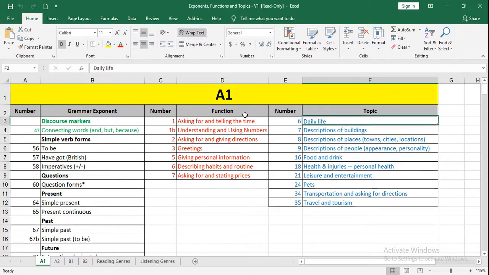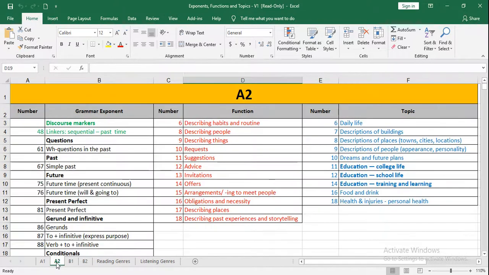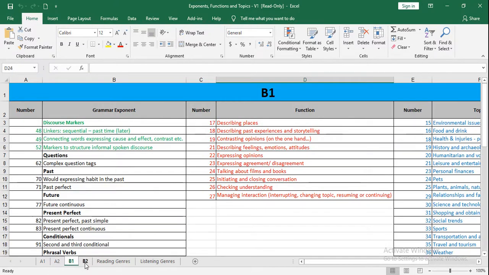It talks about the topics that are appropriate at each level. These are quite broad, even at all levels, so it's fairly straightforward to relate it to at least one of these topics. And then as we go through the levels, we can see it's developing.